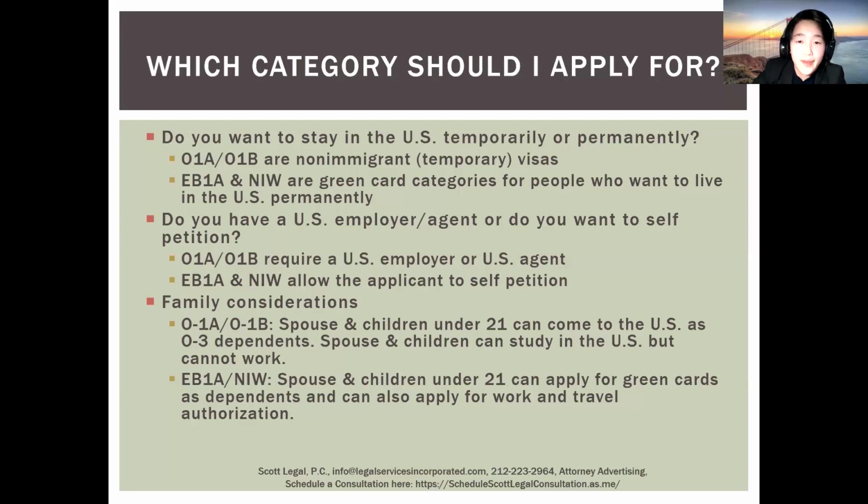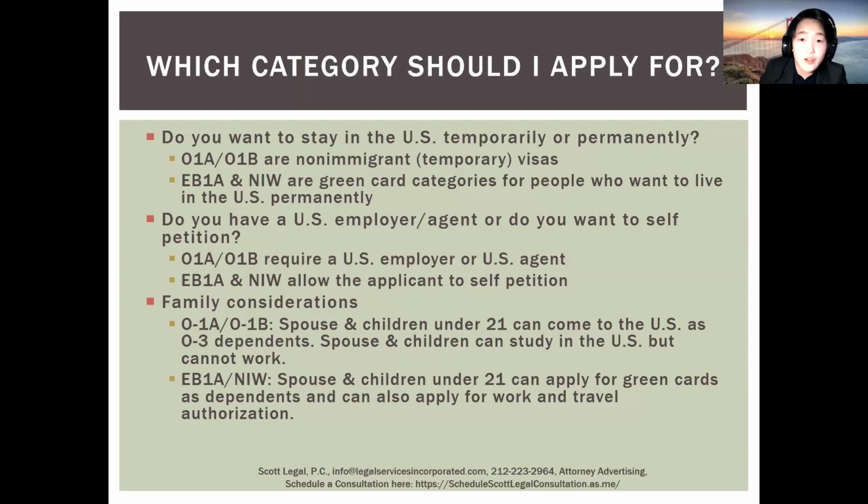However, the EB-1A and NIW, those allow self-petitioning by the beneficiary. That means you yourself, as a foreign individual, can be the driver of the petition. You can self-petition for the green card. You do not need a U.S. job offer. Even if it's a technical job offer, you do not need that.